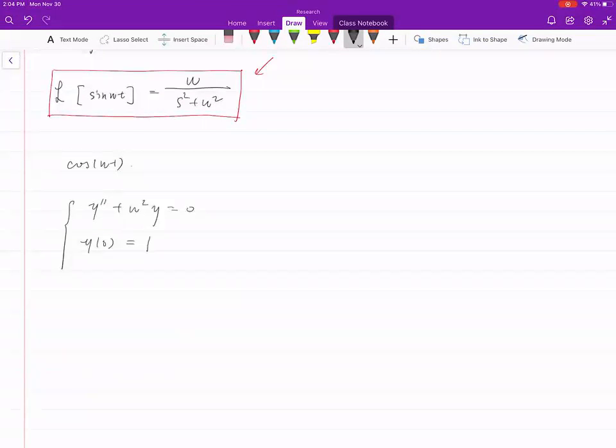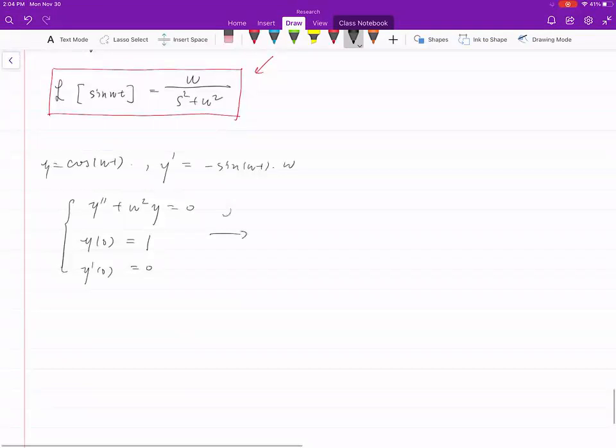So y0 is 1. Y prime 0 is going to be 0, whatever omega is, it doesn't really matter. Use Laplace transform to do it. You should end up with Ly equals something. That something is going to be the Laplace transform of cosine.